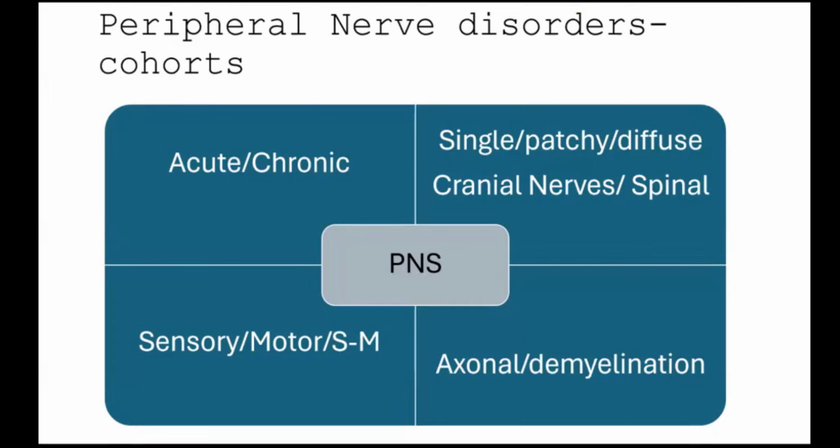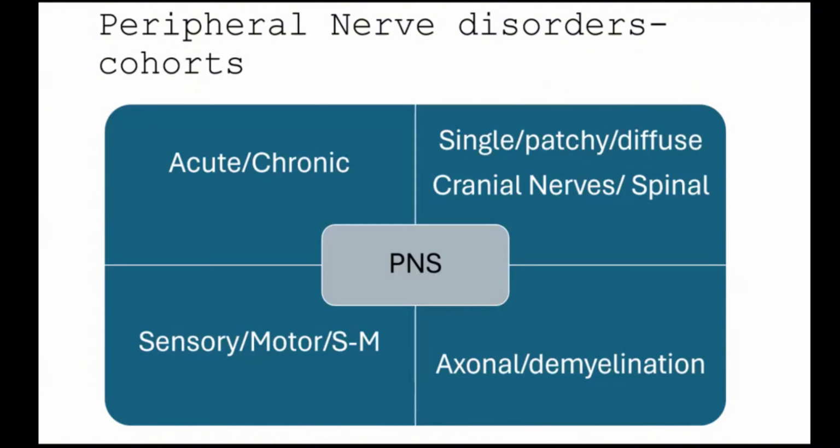Then according to the components that are affected, we can categorize them into sensory motor, and motor diseases. Then again, the pattern of involvement, whether it is diffuse versus patchy versus single nerve involvement, and also whether or not the cranial nerves are involved, we can classify the peripheral nerve diseases.